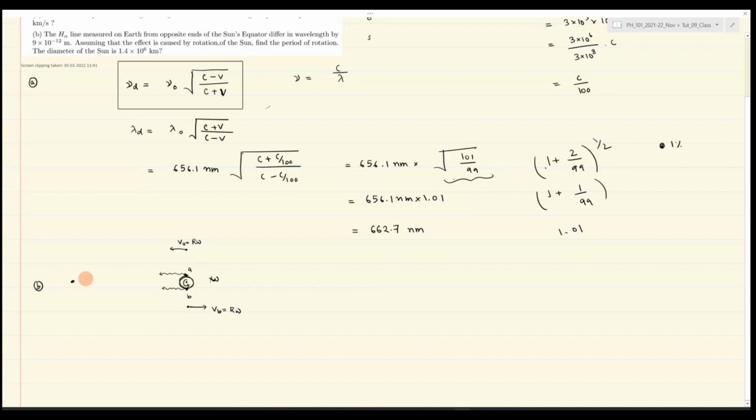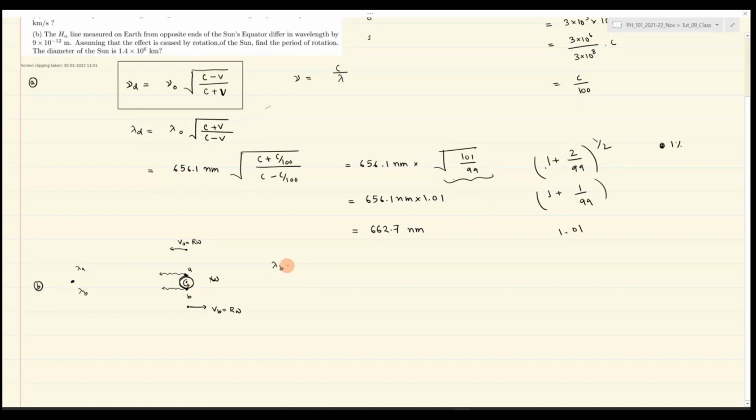That means we will definitely detect a change in wavelength, right? Suppose this is lambda A and this is lambda B, then both of them will be different. So let us find the difference in wavelength. Which wavelength will be bigger, by the way? The going away one. So lambda B will be bigger.